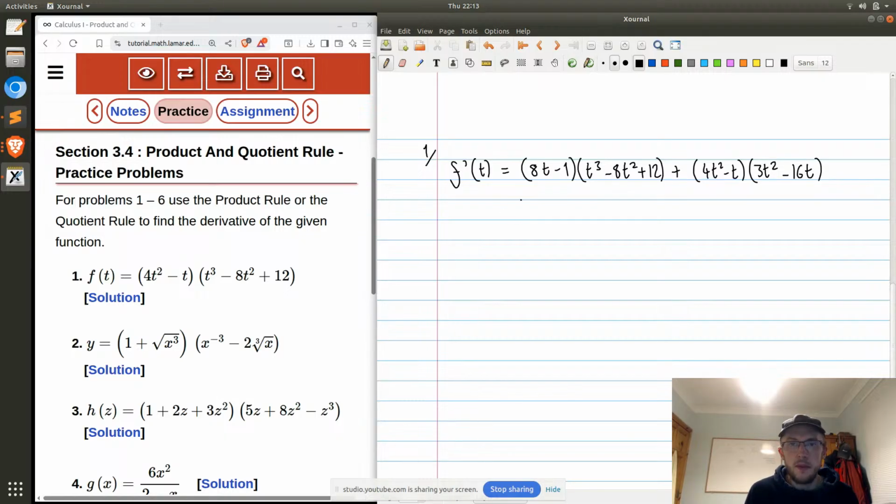Then think about whether it's prudent or wise or good to expand it out. So I'll just do it.